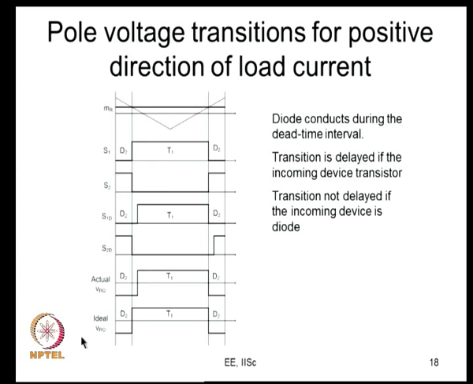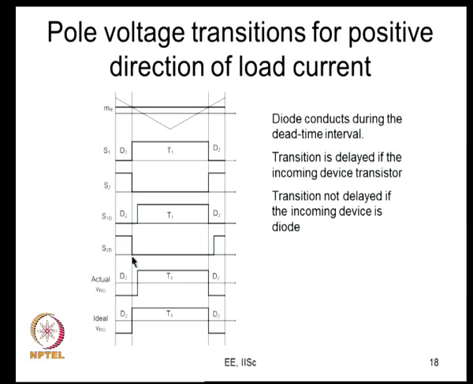So, what are you going to say? Here there is a transition in S1D and S2D. So, the diode continues to conduct, where does the pole voltage go up? So, the incoming device is a transistor, and the transistor cannot start conducting simply because here the bottom transistor gating has become low, but the top transistor gating has not yet become high.